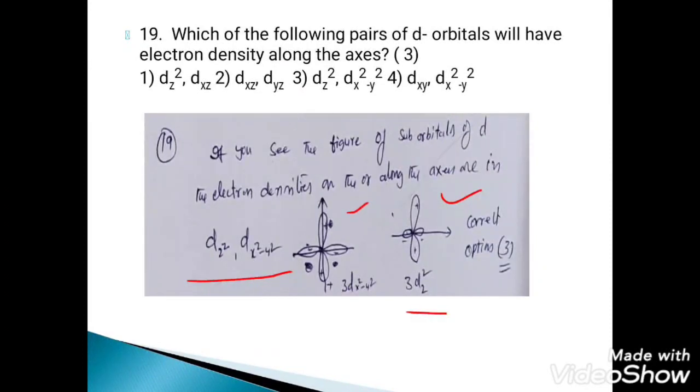So the correct option is 3. And 3d x square minus y square. From the figure itself, it is evident that the electron density is along the axis. So we just have to refer to the figure of the d orbitals.